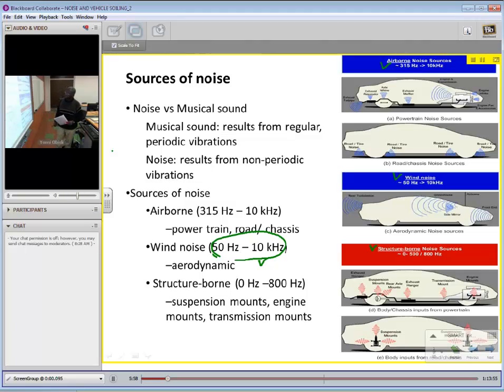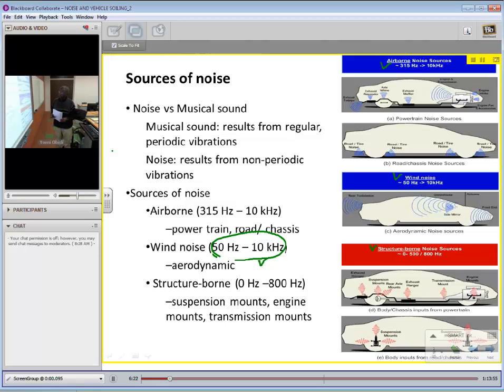So is it possible that there is interaction between wind noise and airborne noise? Oh yeah, there's interaction all the time between these various forms of noises, but they can be isolated depending on the test and the experiment that's done to separate one form from the other, especially when we're trying to reduce noise.